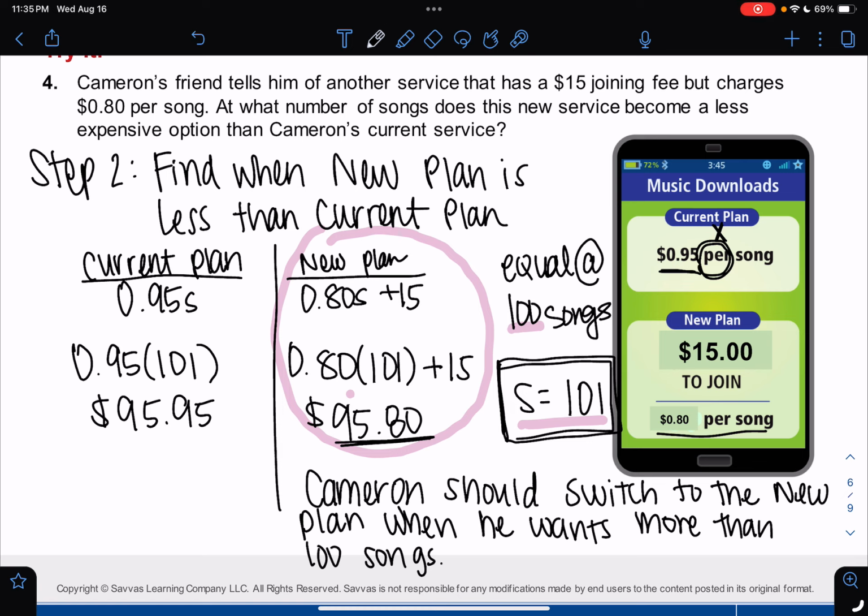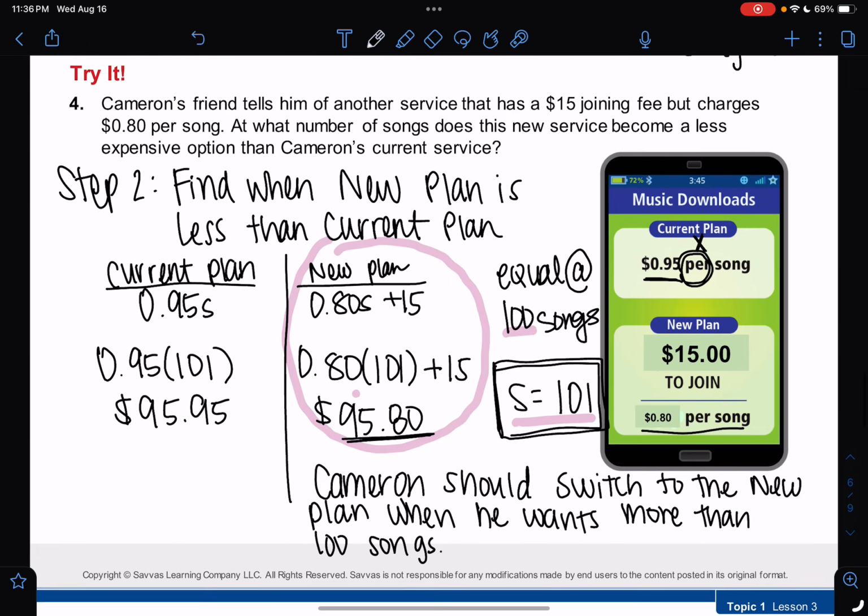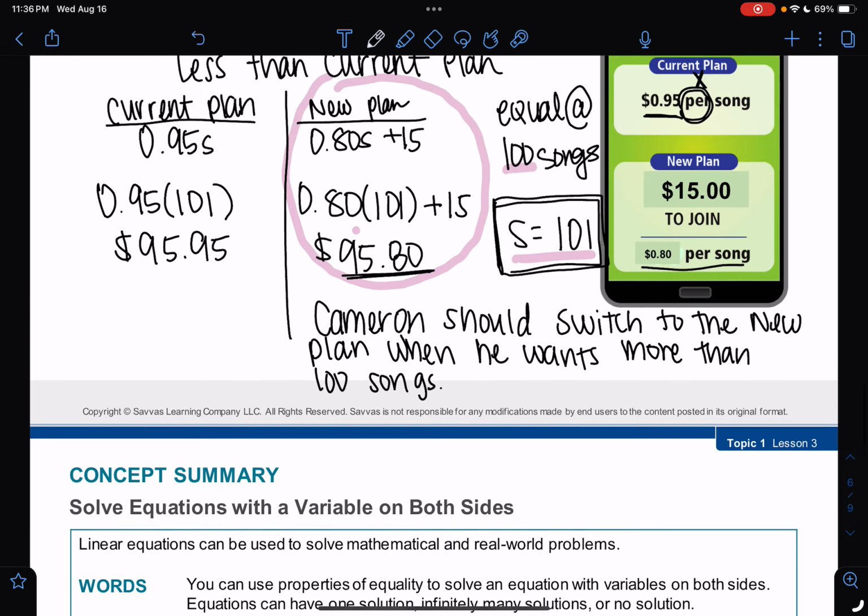So just saying. All right. So that's good. That is number 4. And that should be it. All right.